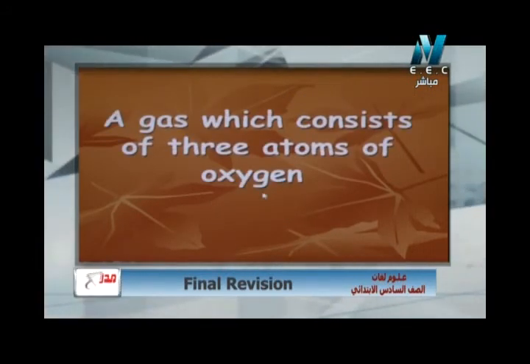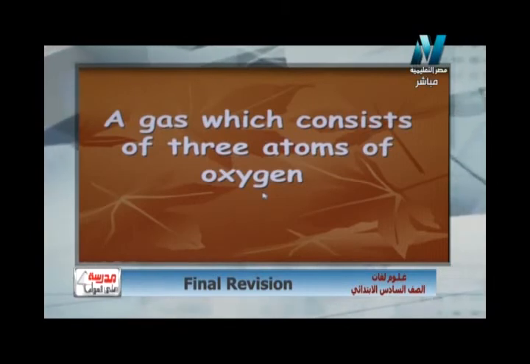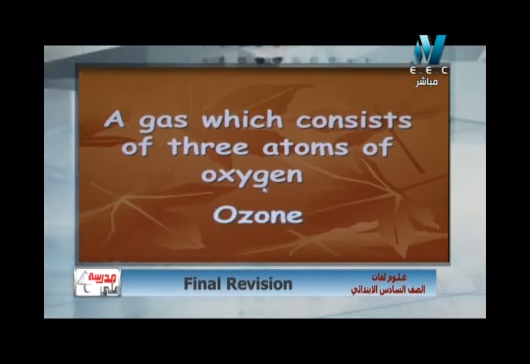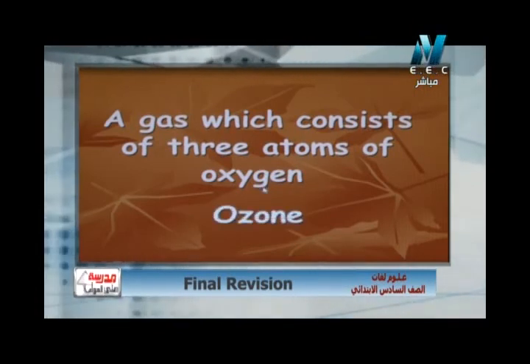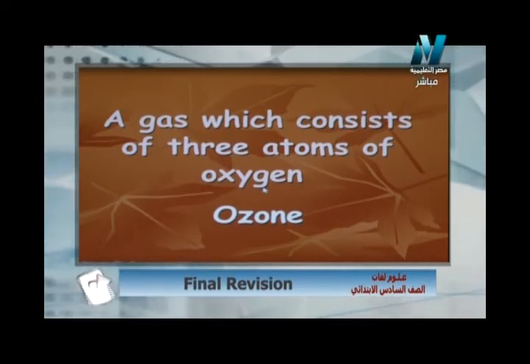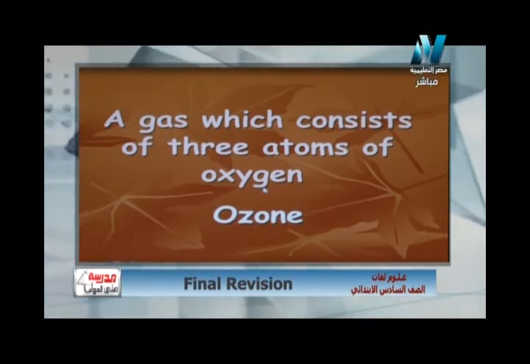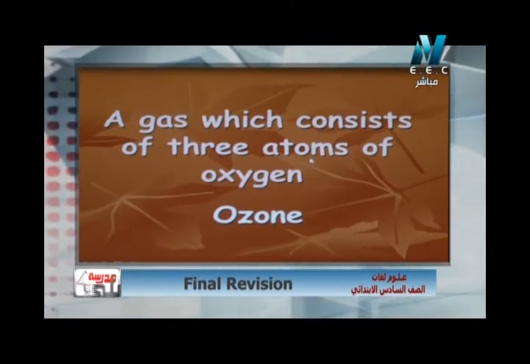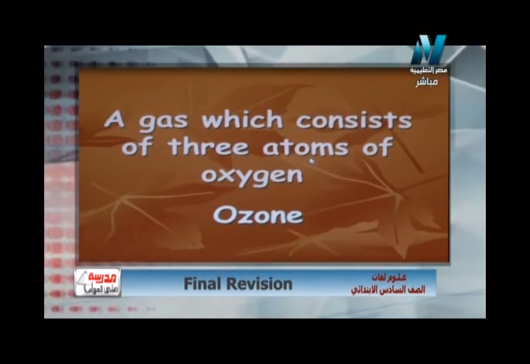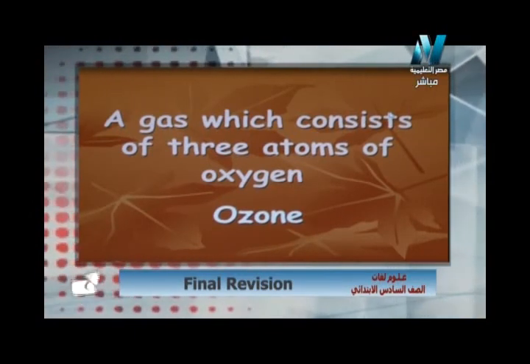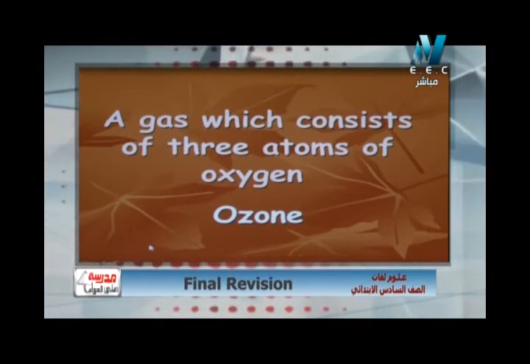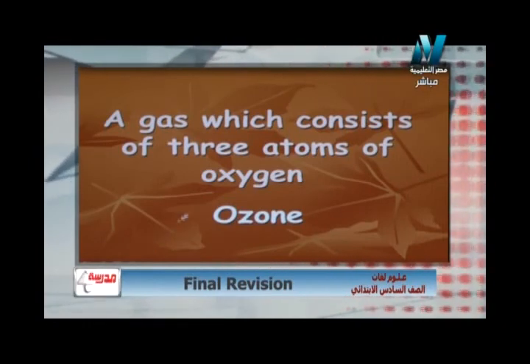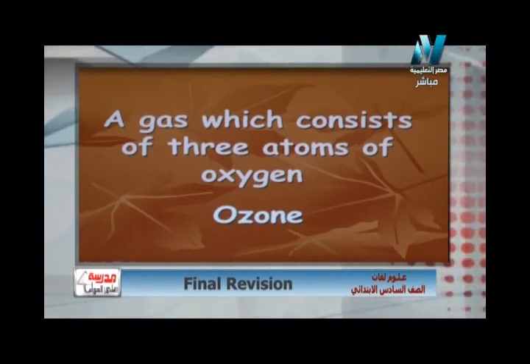Another question. A gas which consists of 3 atoms of oxygen gas. Surely it will be the ozone gas because the ozone gas has the symbol of O3. يبقى مين هو الجاس اللي بيكون من 3 atoms of oxygen؟ هو O3 ده رمزه الكيميائي، وهو اوزون جاس. وهي طبعا layer كبيره جدا، عندها thickness سمكها about 20 كيلومتر، وبتحمينا من اشعه خطره جدا coming from the sun اسمها ultraviolet radiations او ultraviolet rays which may cause cancer. ممكن كمان تسبب لا قدر الله سرطان.